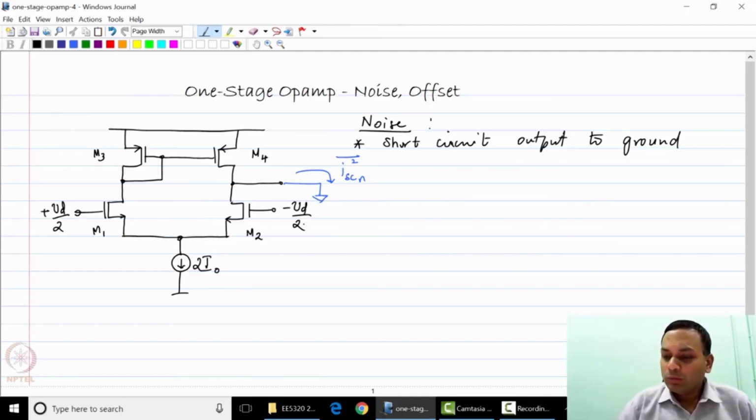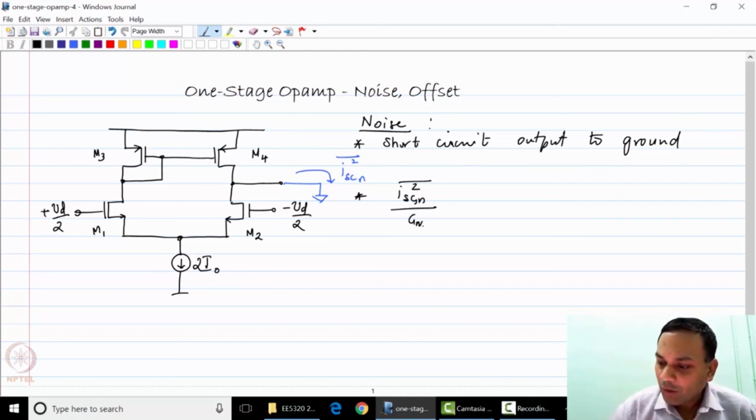Then I'm going to divide the short circuit noise current over the transconductance of the op-amp, which I'll denote by capital GM. And if I divide this by the square of the GM of the device, I will get the input referred noise voltage squared, which I will denote by EN squared.